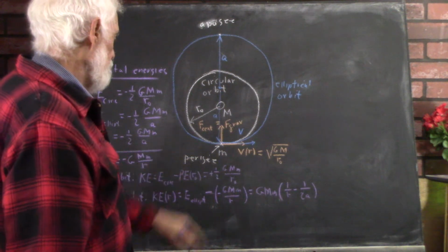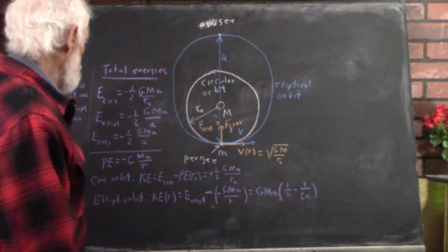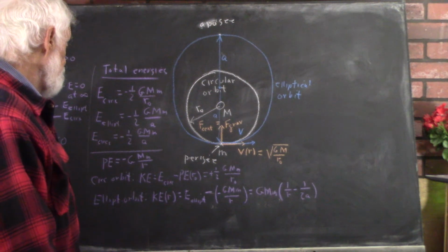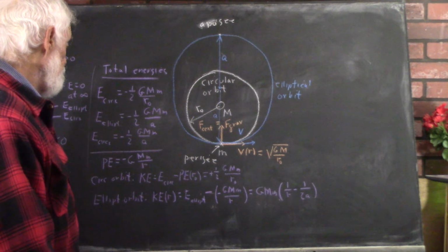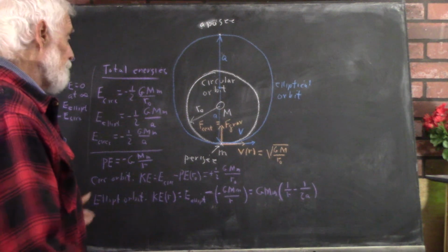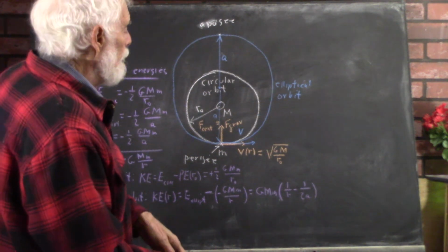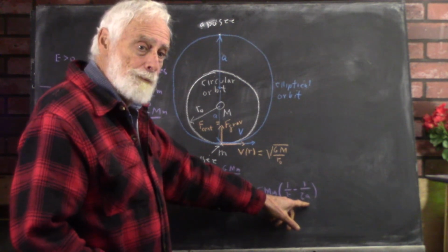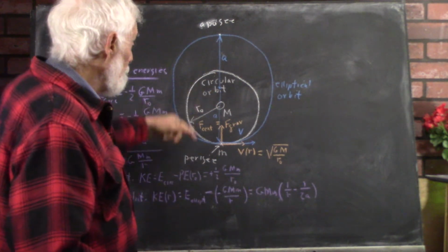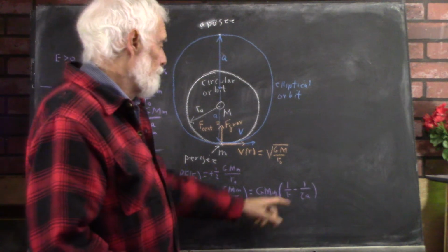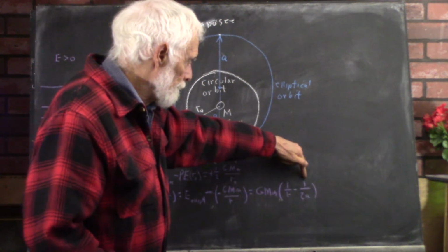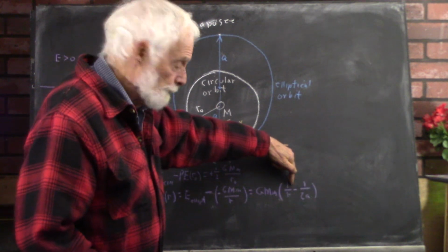Now I'm thinking about that, making sure that that makes sense. And it certainly makes sense because A is already bigger than R, and 2A is even bigger than that. So this term is going to be a lot smaller than this term.